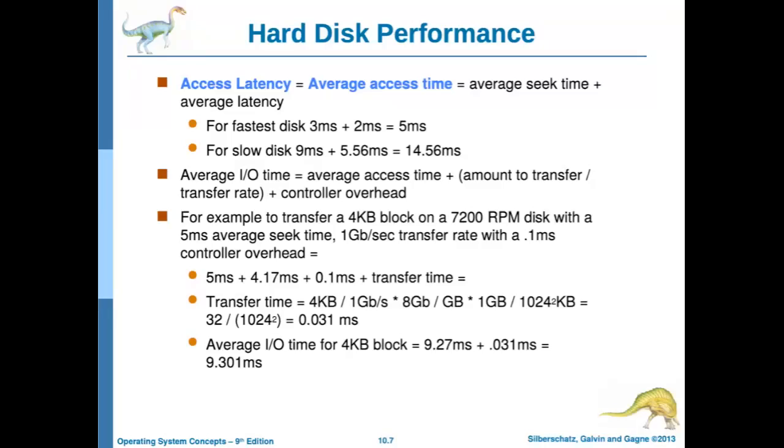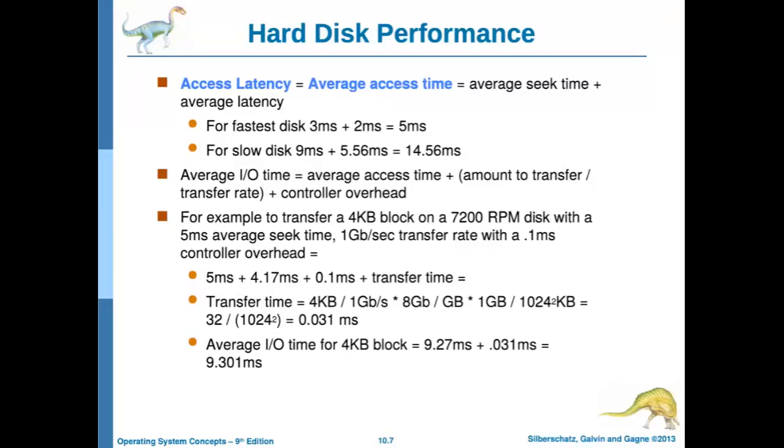So that disk arm has to be positioned over the desired cylinder. That is the seek time. And the time for the desired sector to rotate under the disk head, that is the average latency. That is given from the previous table.